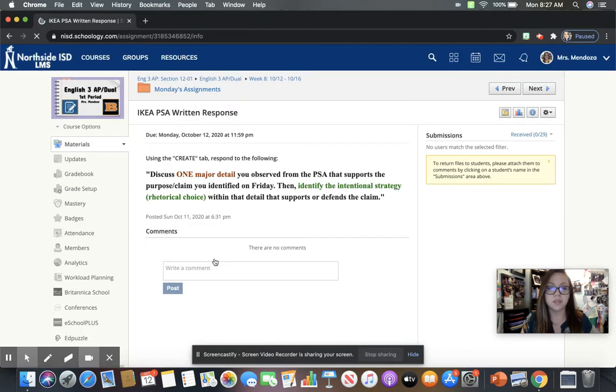Evidence or details. So once you watch it again, paying close attention to what you wrote on Friday about purpose and claim, now you're going to go further and discuss one major detail you observed that supported that original claim.